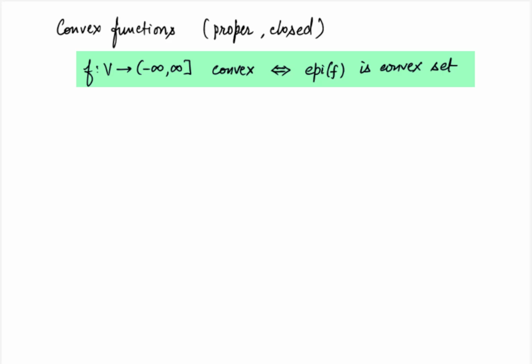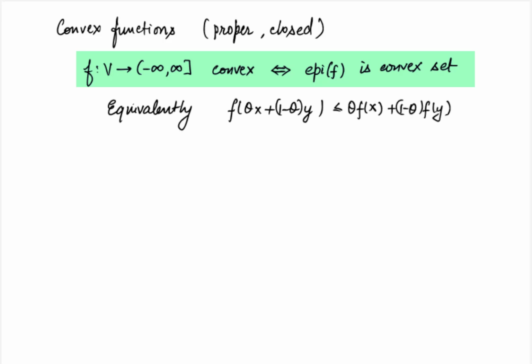Please verify that the line segment condition applied to the epigraph leads to a zeroth order condition on f, which says that f of theta x plus 1 minus theta y is less than or equal to theta f of x plus 1 minus theta f of y for all x and y in the domain of f and theta between 0 and 1. In other words, the zeroth order condition is a direct consequence of the epigraph of f being convex.